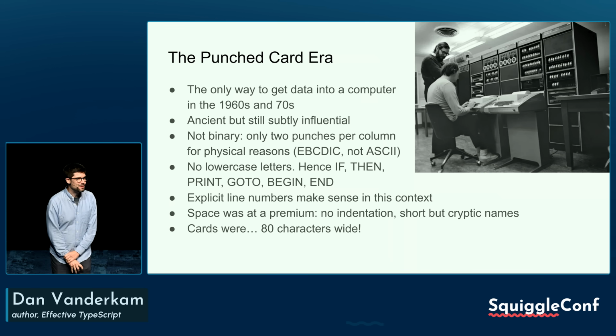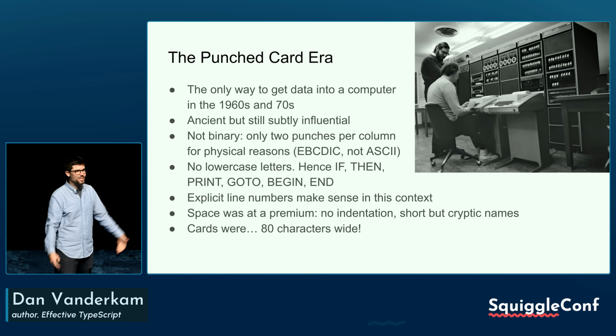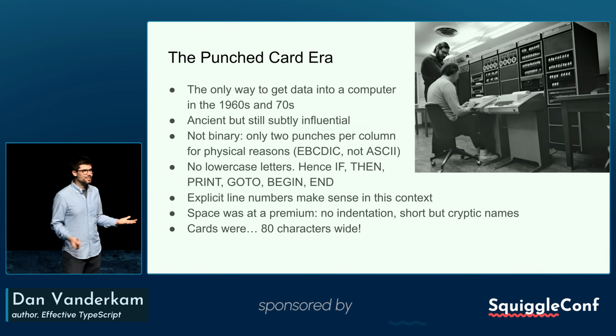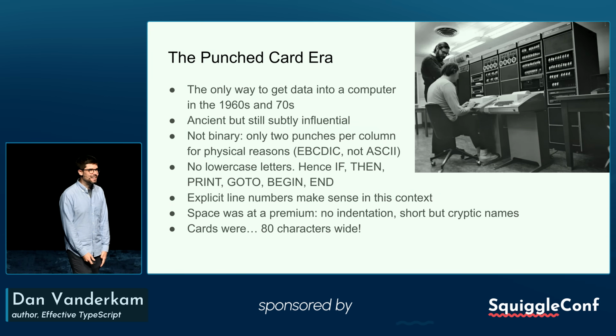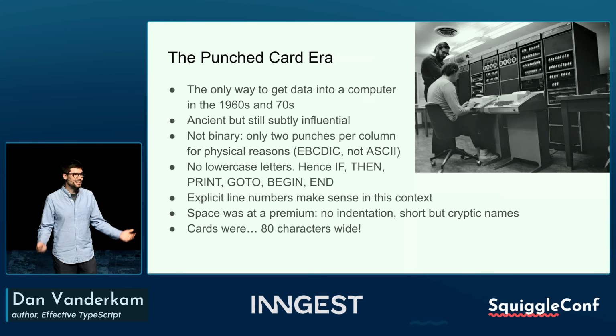You're just throwing away some of those characters. You didn't want to have really long function names because that would mean using many more punch cards. And so I think this pattern that you sometimes see of people using cryptic short variable names and function names also is a legacy of the punch card era that we haven't totally gotten over yet.